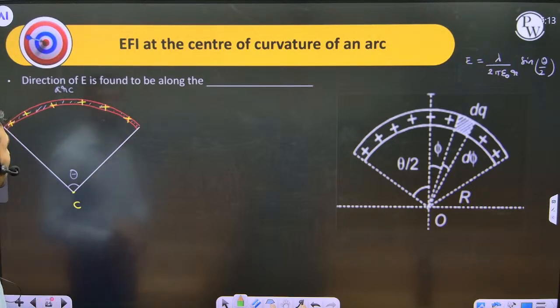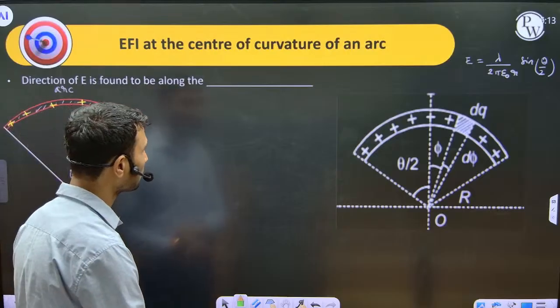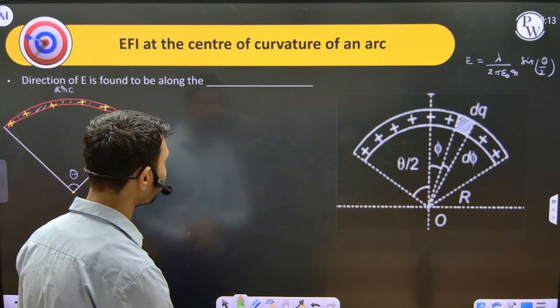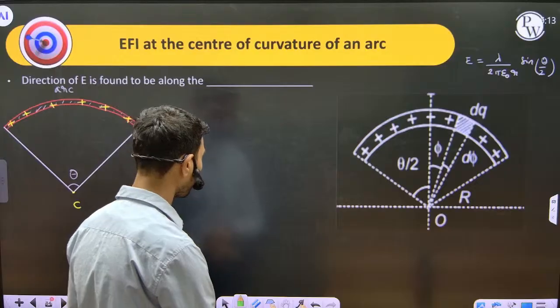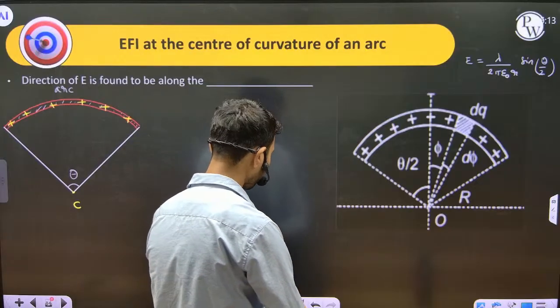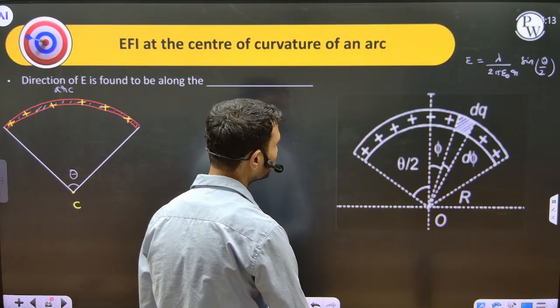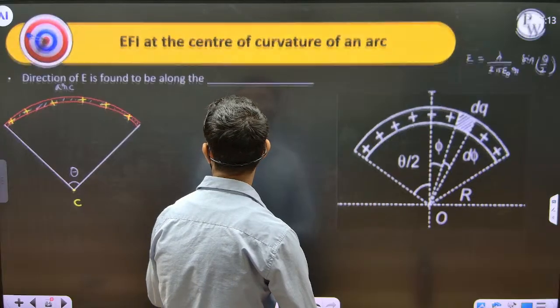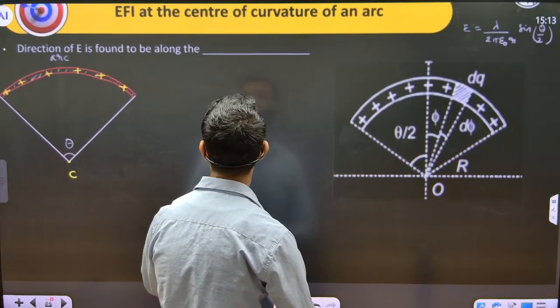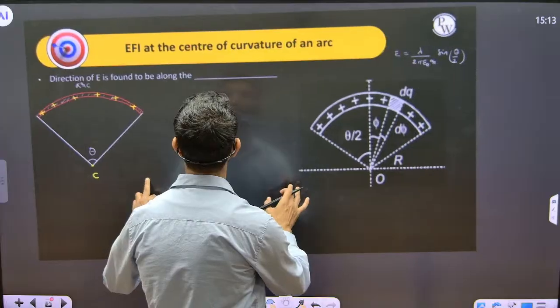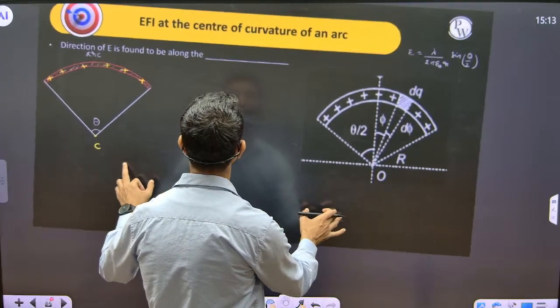Now let us find out the electric field at the center of the arc, right? So I'll shift the diagram a bit. Electric field at the center of curvature of an arc.